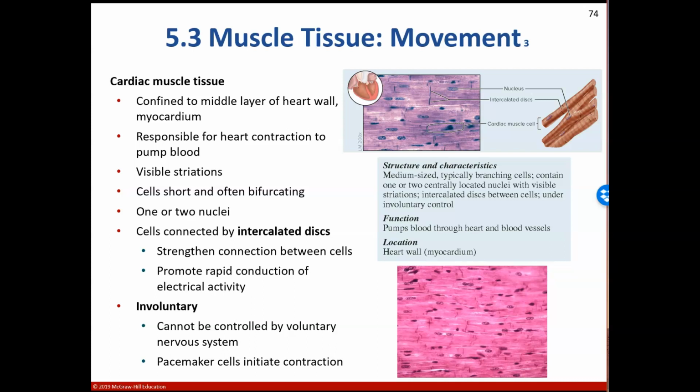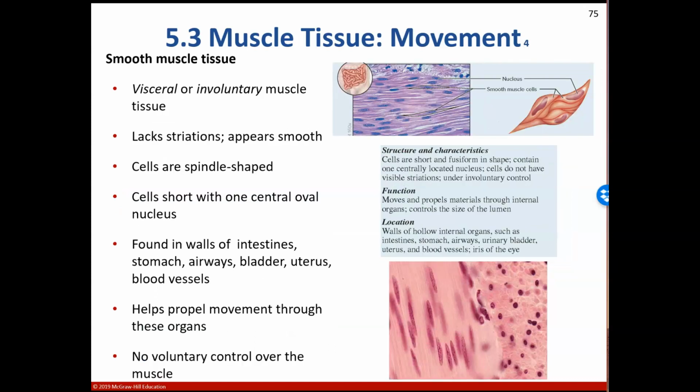They are also going to be internally controlled with our pacemaker cells, which are known as our non-contractile cardiac muscle cells. So this is how the heart kind of initiates its own pace of its electrical signals.